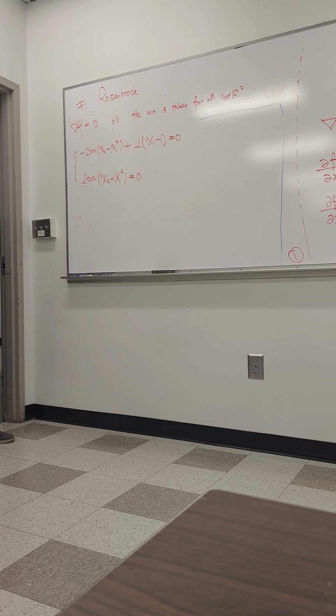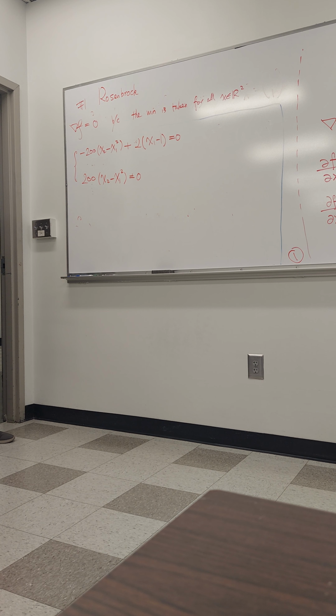Okay, we'll focus here. We use the chain rule. For the first term we take the derivative using the chain rule, and we get 200 times x2 subtract x1 squared times minus 2x1.